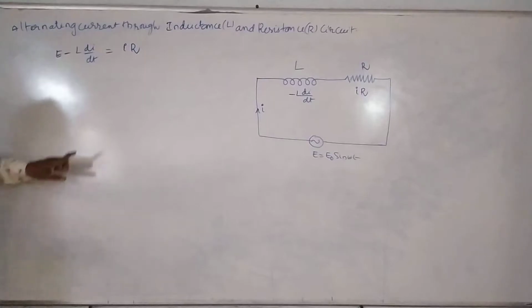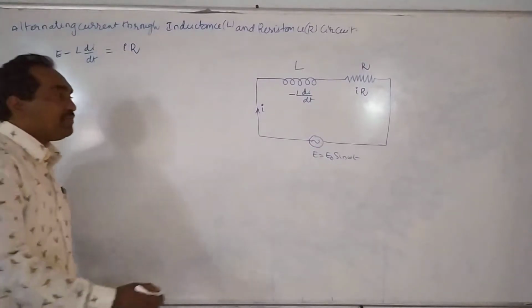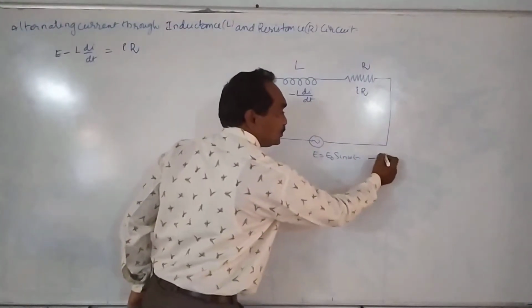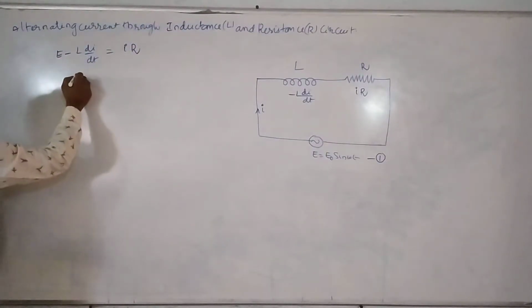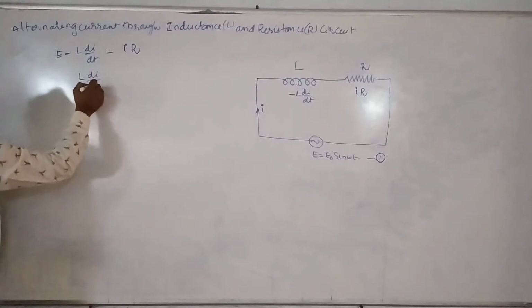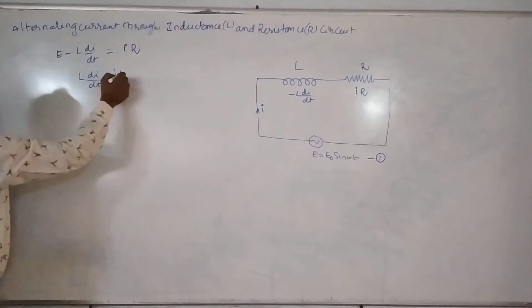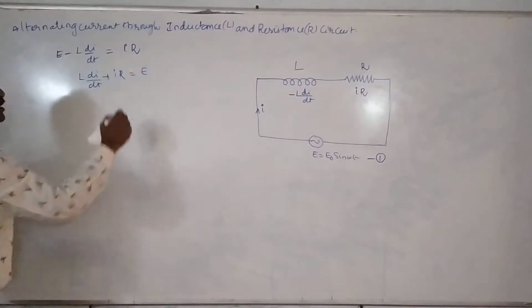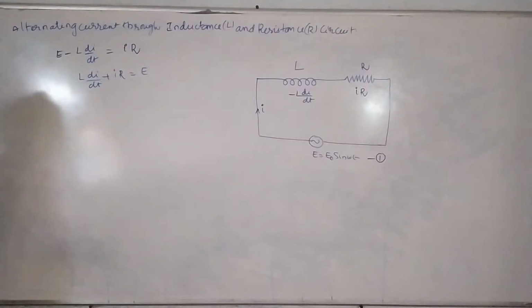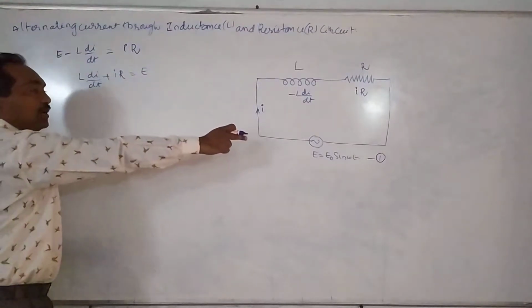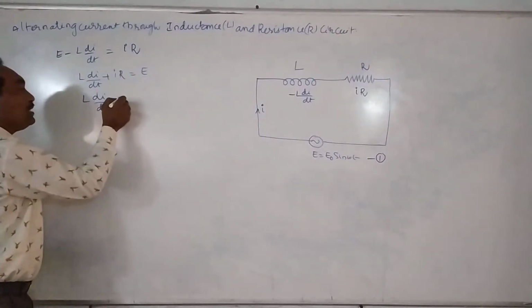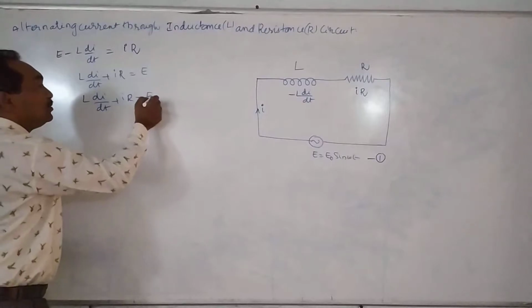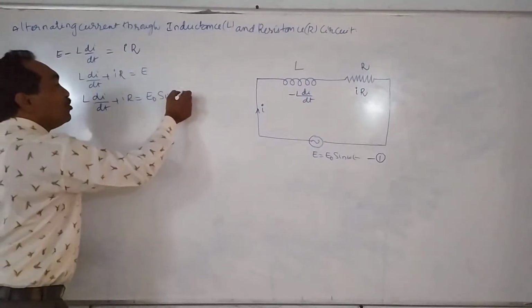Our aim is to calculate I because the EMF we know already. So L into di by dt plus I into R is equal to E, and we know E is E naught sin omega t. That is, L into di by dt plus IR is equal to E naught sin omega t.